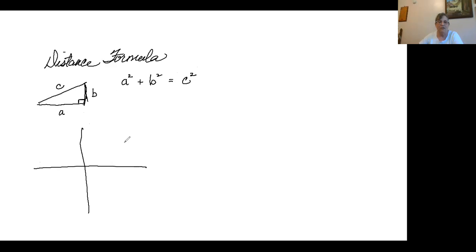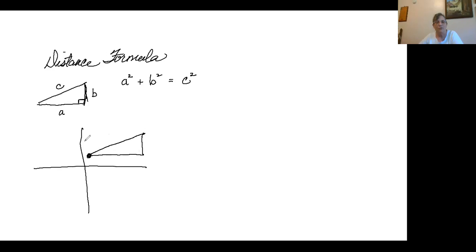Well, when we're looking in space like this, we can always draw a right triangle between 2 points. This is making the assumption they're not already lined up horizontally or vertically.